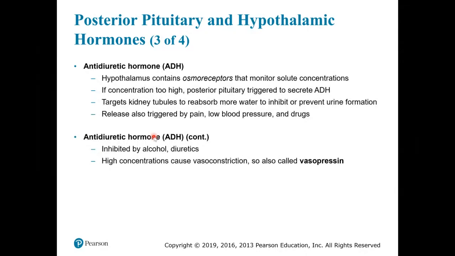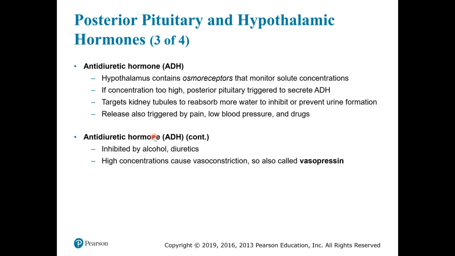Antidiuretic hormone. The hypothalamus contains osmoreceptors that monitor solute concentrations. So the blood plasma has a certain solute, things dissolved in it, concentration. If we become dehydrated, that means that the water is gone, but the solutes still are there, and the blood becomes more concentrated.